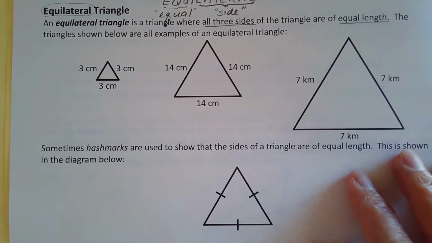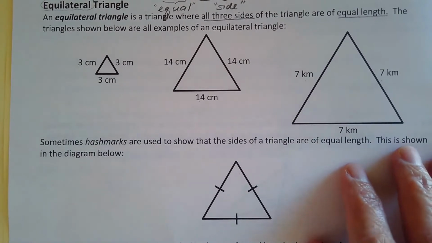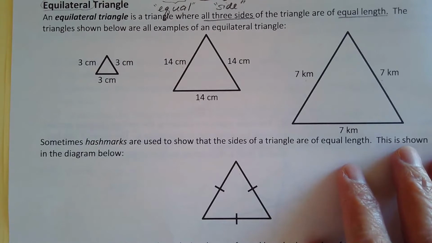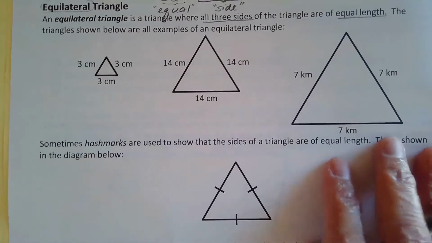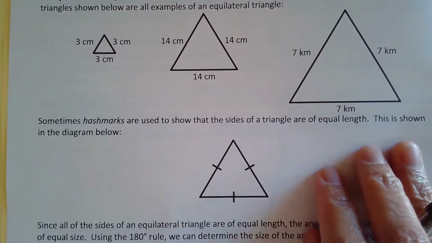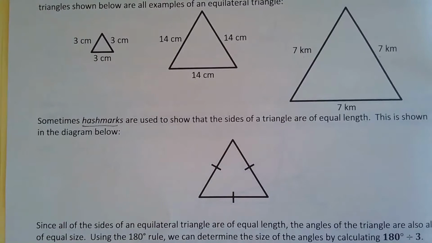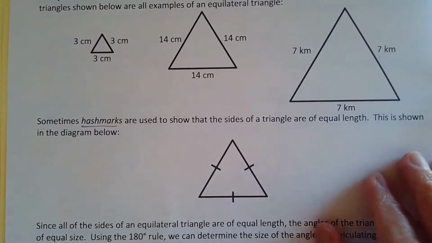Now, sometimes we don't label everything on each side. In some books, to show that all three sides are equal, or some sides are equal, they use hash marks to show which side lengths are equal.